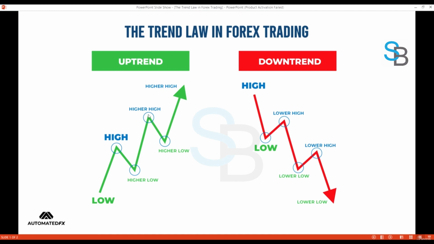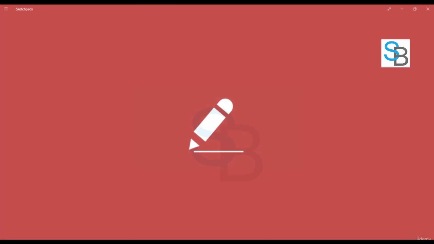So in order for it to qualify as an uptrend, this high has to be higher than this high, and this high higher than this high. And this low has to be higher than this low, and this low higher than this low. That's when it qualifies as an uptrend.